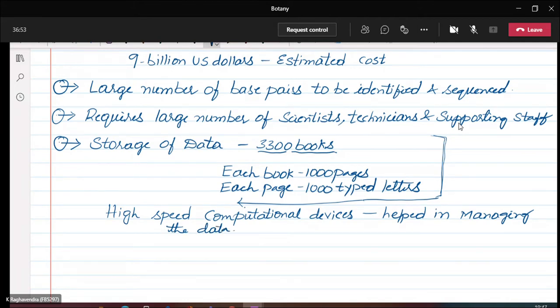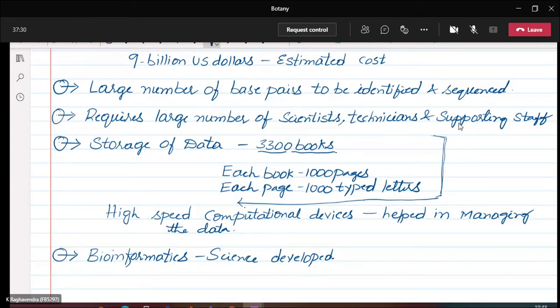And moreover, apart from these reasons, we are calling it a mega project. One more important thing is that during this Human Genome Project, a new science was developed. That is called bioinformatics. So during HGP, the science of bioinformatics developed. So these are the reasons that we call this HGP a mega project.